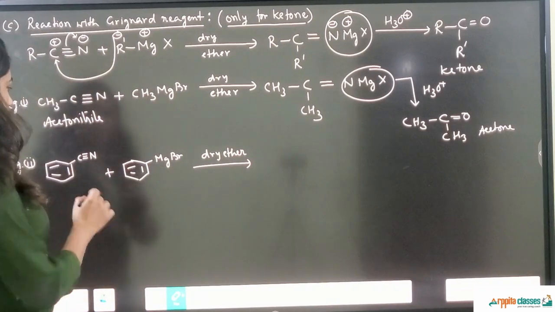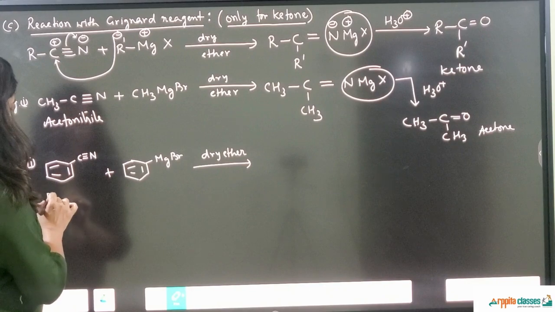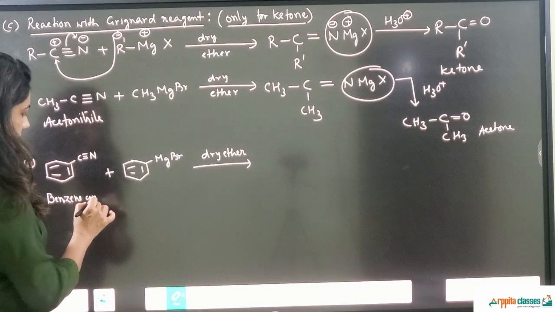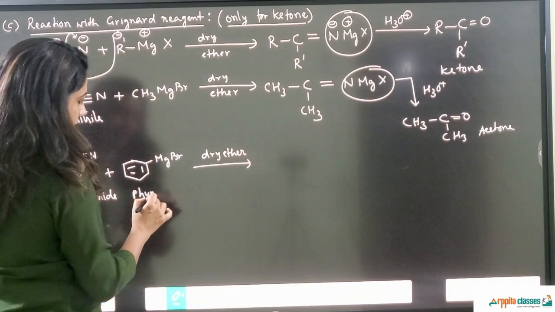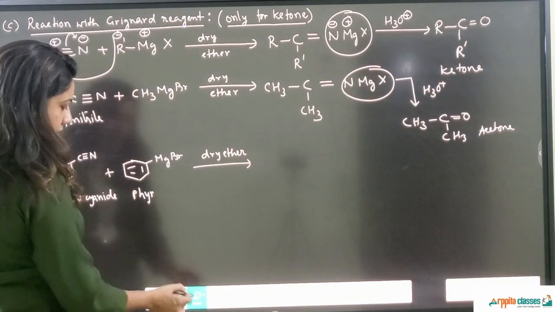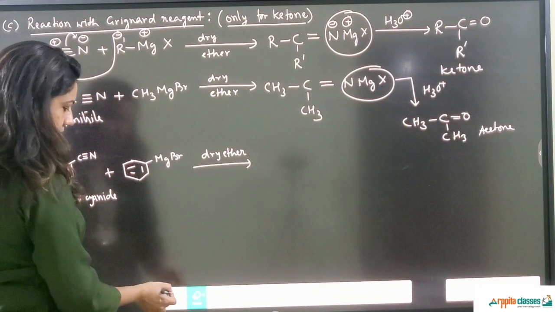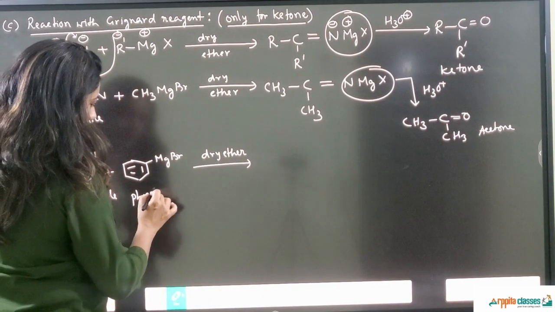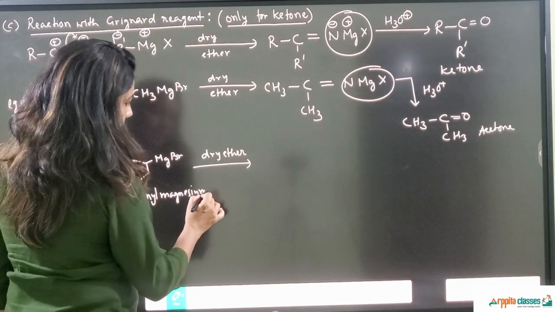Okay. This is cyanide. We can call it benzene cyanide. And this is phenyl magnesium bromide.